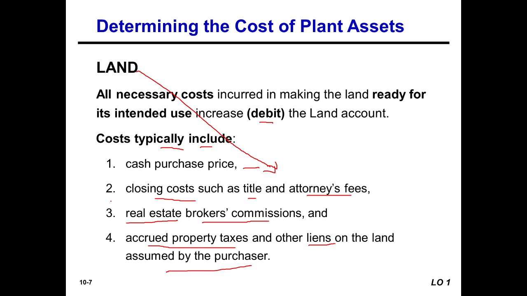So these points are related to land purchase. When we calculate the land price, at that time we consider these four types of expenditures. That means cost typically includes these four items.